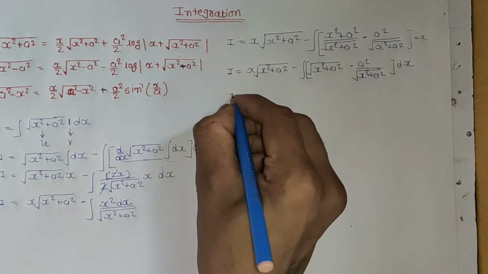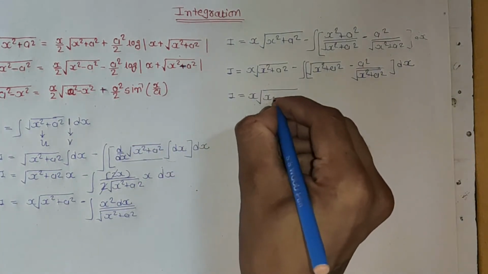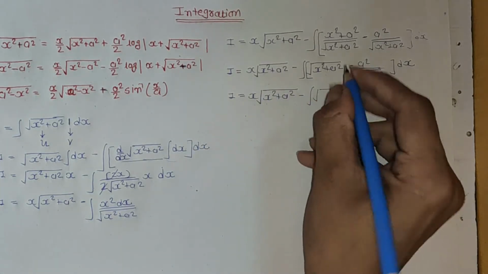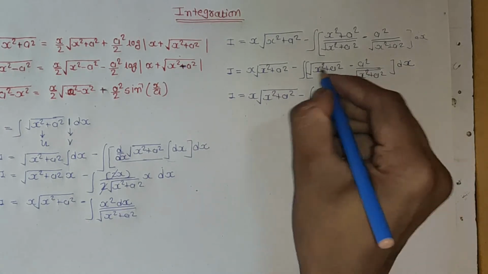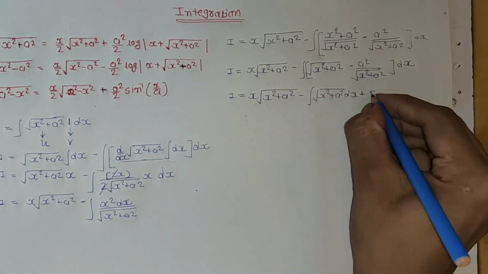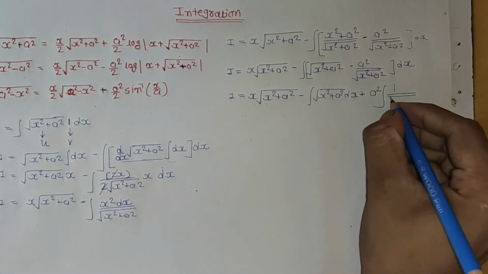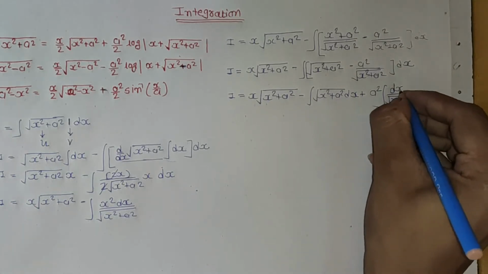Here I equals x square root x square plus a square minus integration square root x square plus a square dx, plus a square outside of the integral, and integration 1 upon square root x square plus a square, here dx.